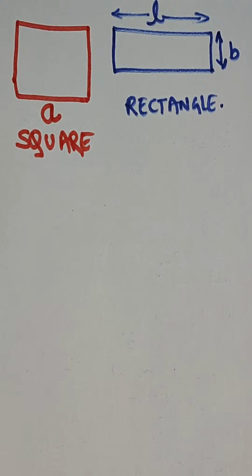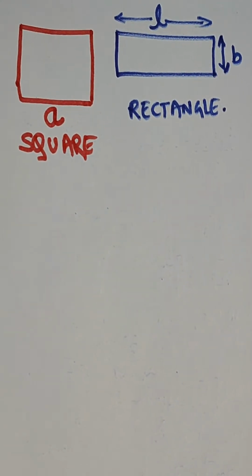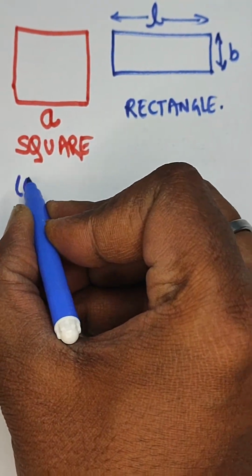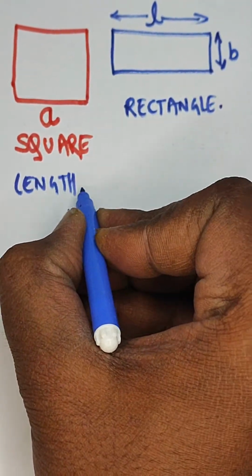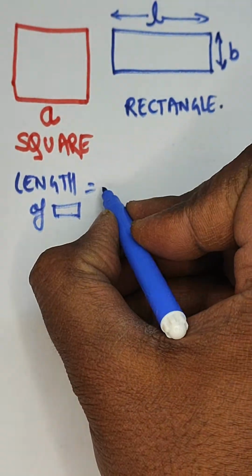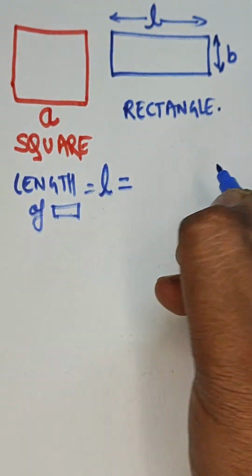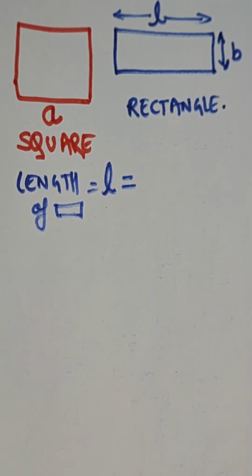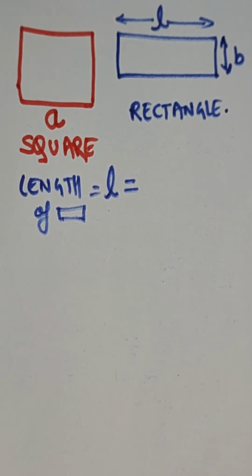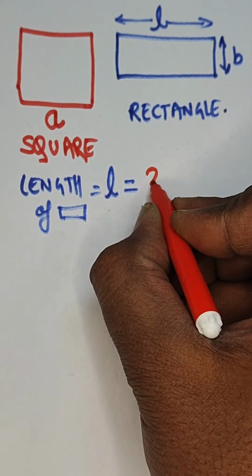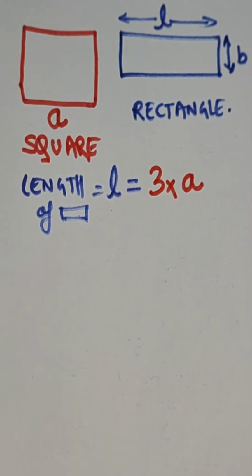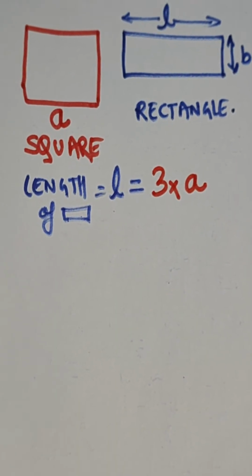The length of the rectangle is equal to L, and this L is thrice as long as the side of the square. So this is equal to 3 times the side of the square. This relation is given to you, my dear friends.